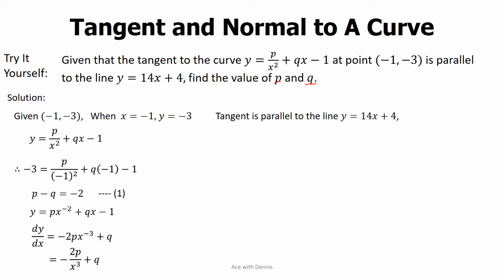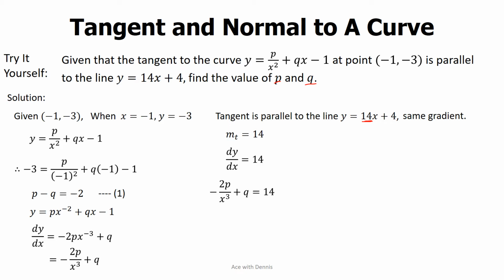It is given that the tangent is parallel to the line y equals 14x plus 4, which means they have the same gradient. This is the gradient. So we know that the gradient of the tangent equals 14, and dy over dx is the gradient of the tangent, which equals 14.